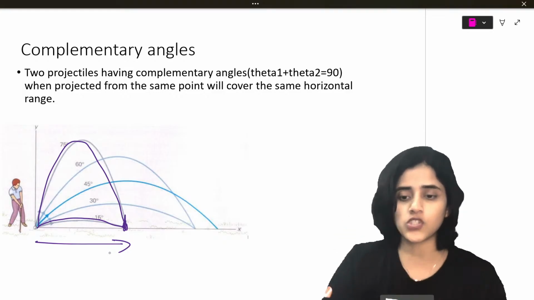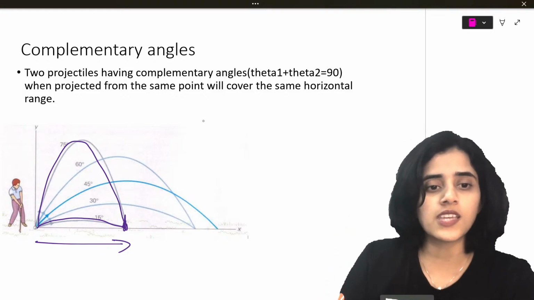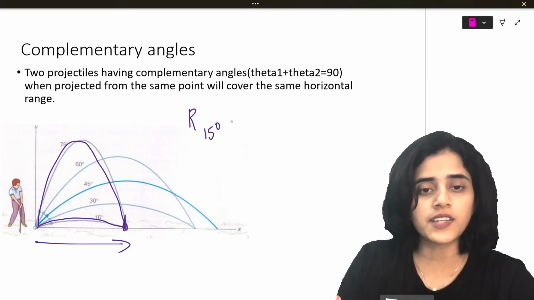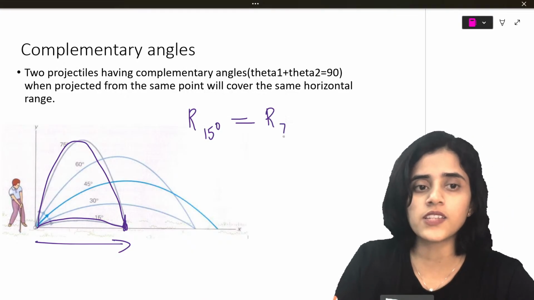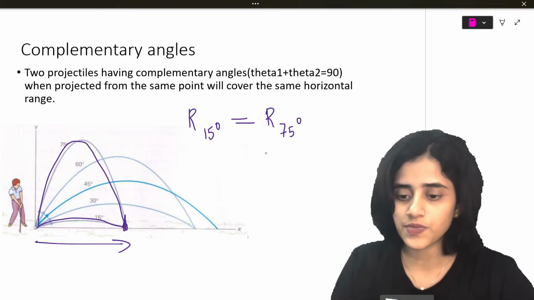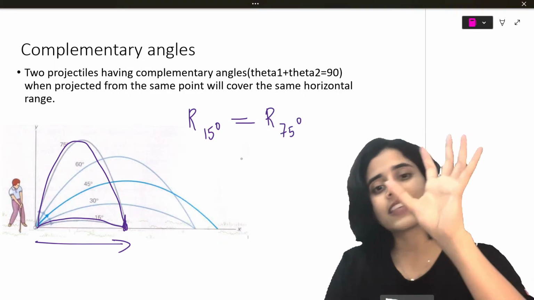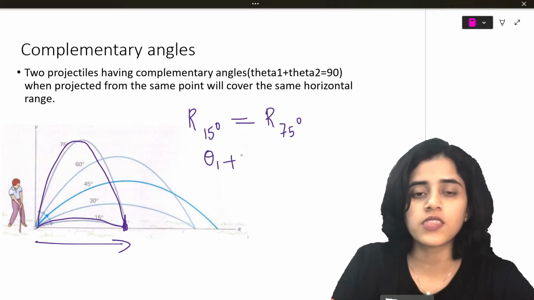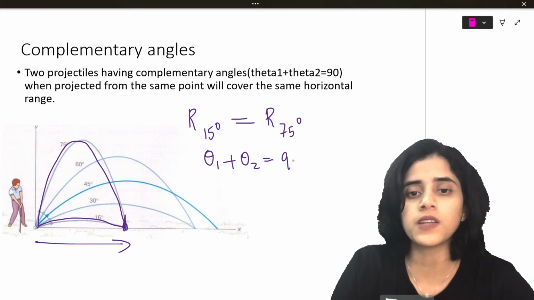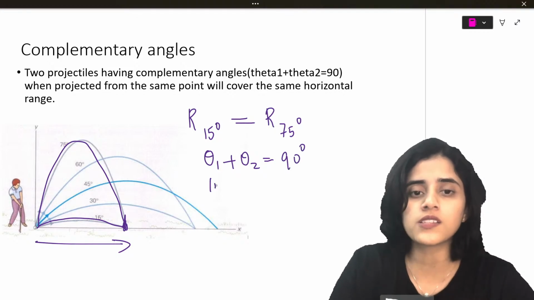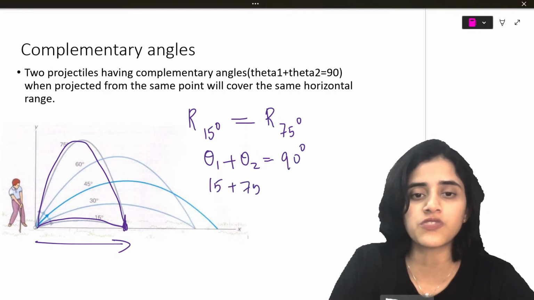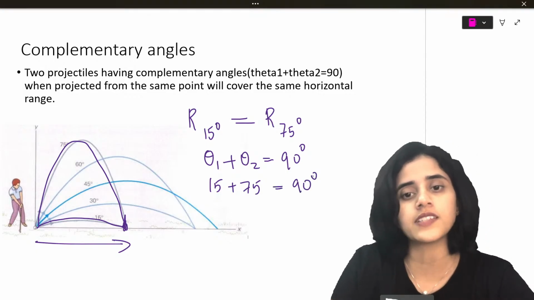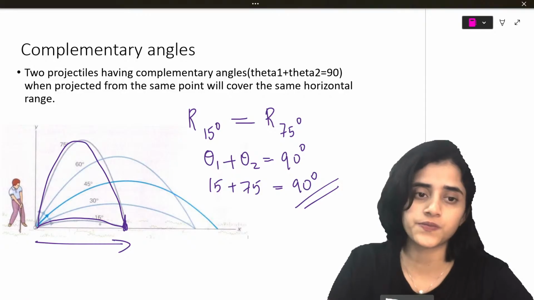So you can see here, the range of a 15 degree is the same as the range of a 75 degree. This takes place only if it obeys the condition theta 1 plus theta 2 should be 90 degree. Here 15 plus 75 is 90 degree. So this is possible.